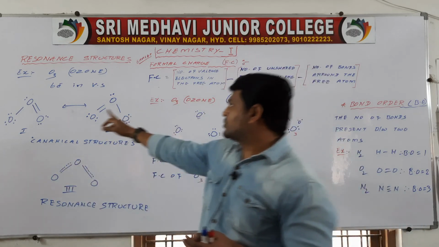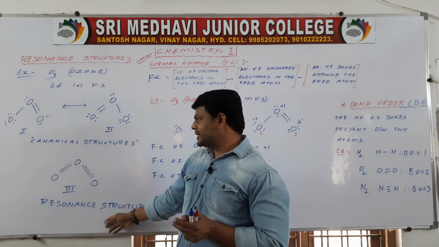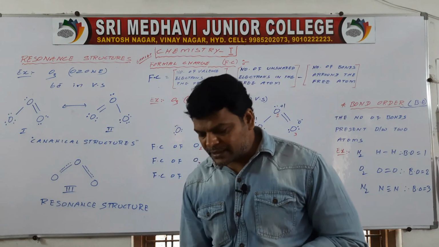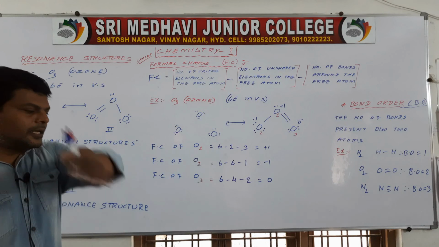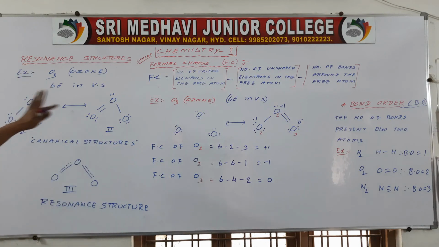These two are called canonical structures, which represent the resonance hybrid. Due to resonance structures, energy decreases and stability increases. This is the way we discussed.